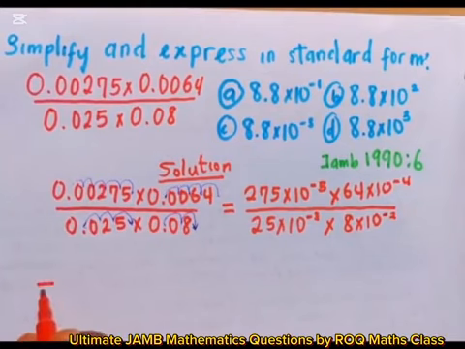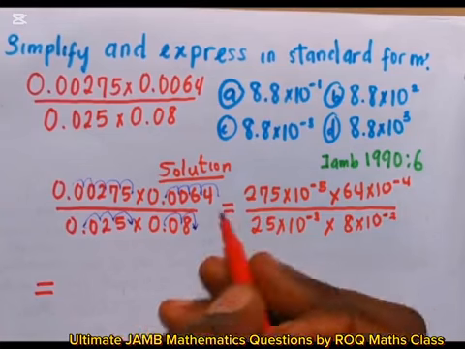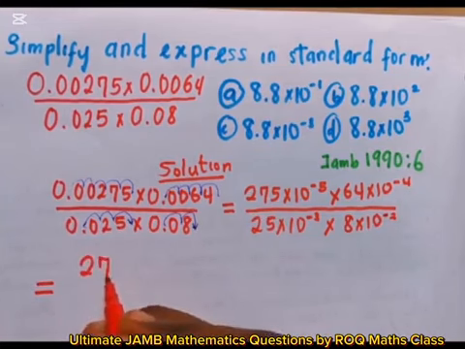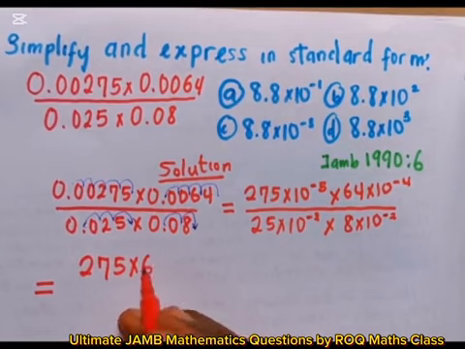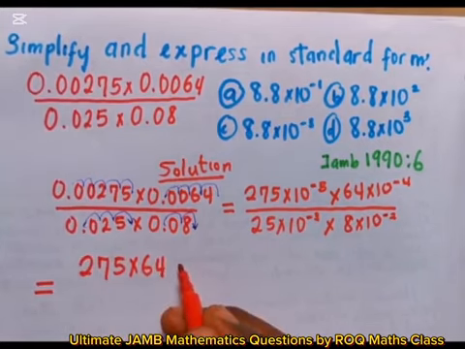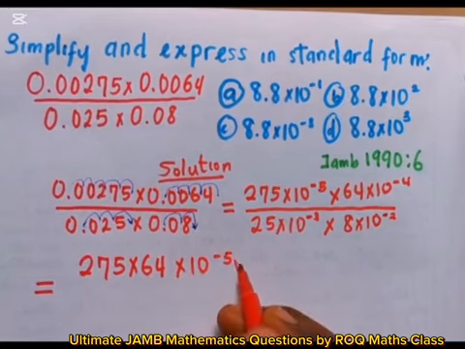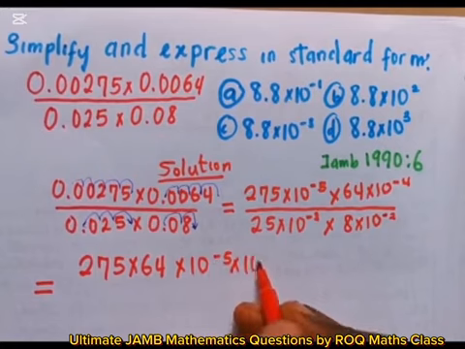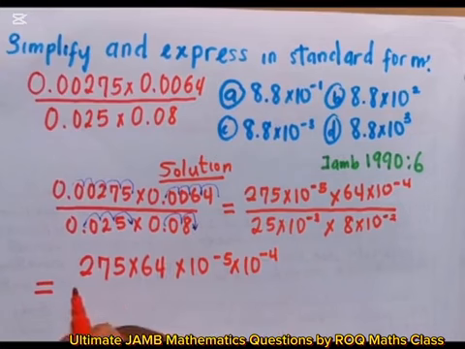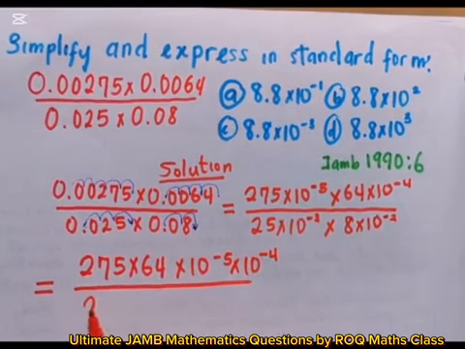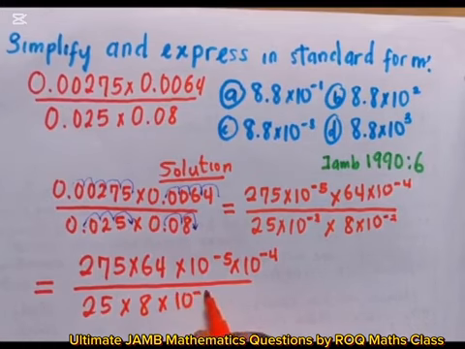So this is the same thing as we have 275 times 64, then times 10 to the power of negative 5, times 10 to the power of negative 4, all over 25 times 8, then times 10 to the power of negative 3, times 10 to the power of negative 2.